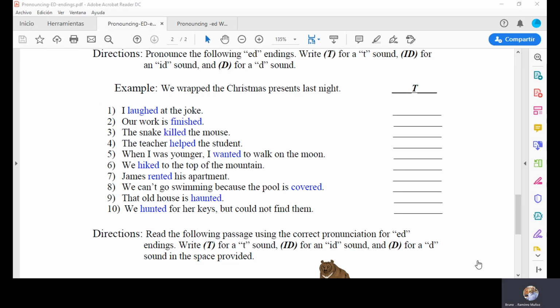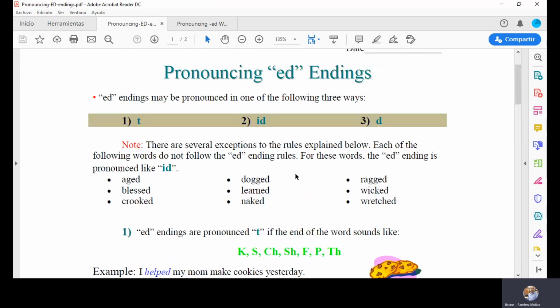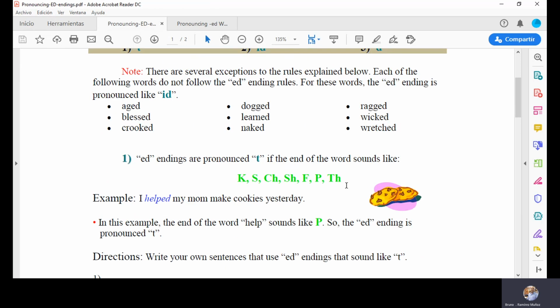Okay, after practicing with the text, I want you to take a look at the second text that I sent you through the chat room. This one is called Pronouncing ED Endings. It's a PDF file, and it is the one that I'm sharing with you. This contains some explanations in the first page, as when you have to use t, it, and d.